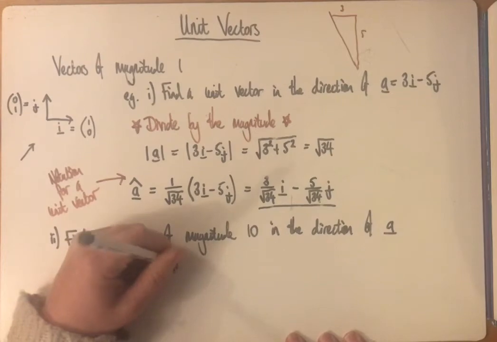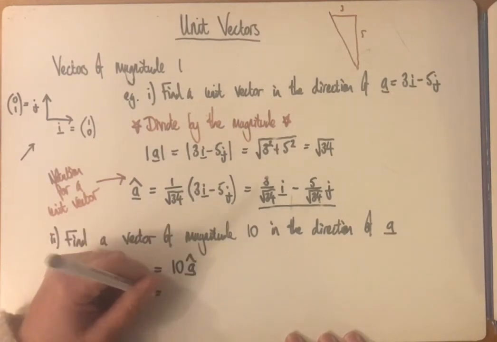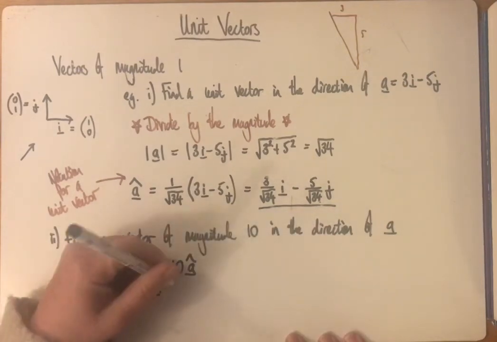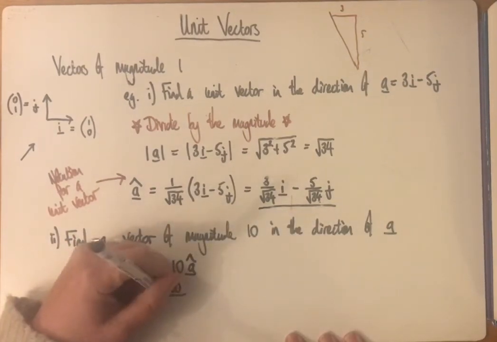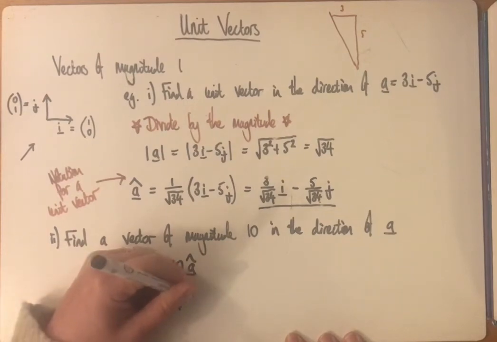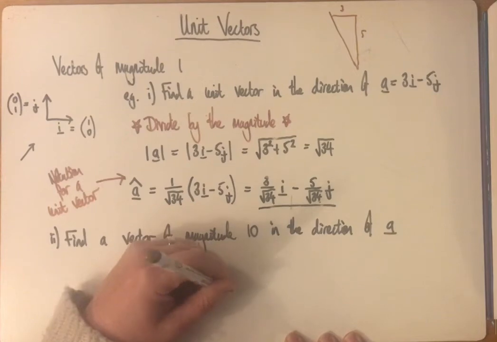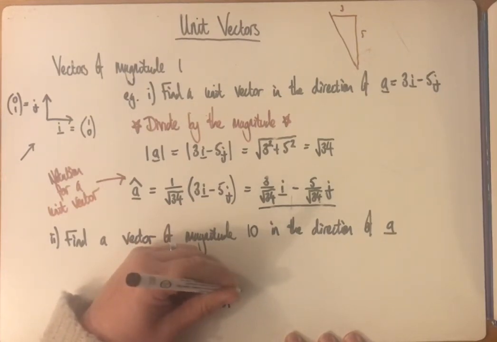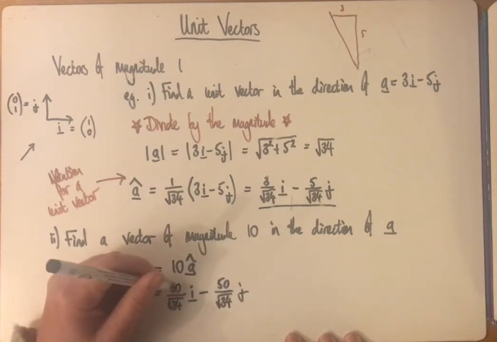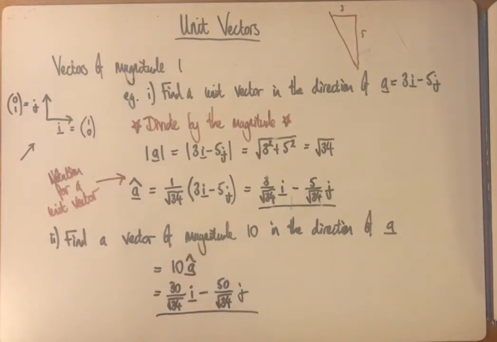So that would equal 10 lots of the unit vector. Multiplying through by 10, we get 30 over root 34 i minus 50 over root 34 j. So this method enables you to find a vector of any size in a given direction.